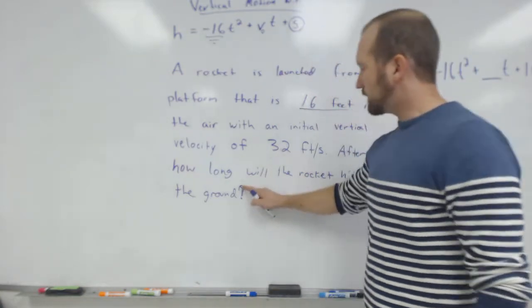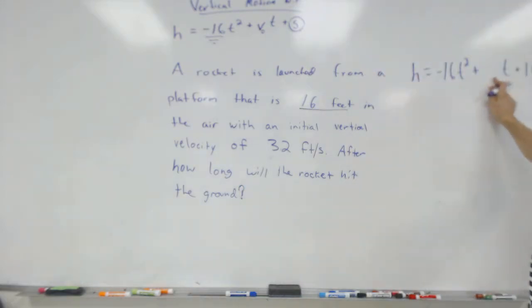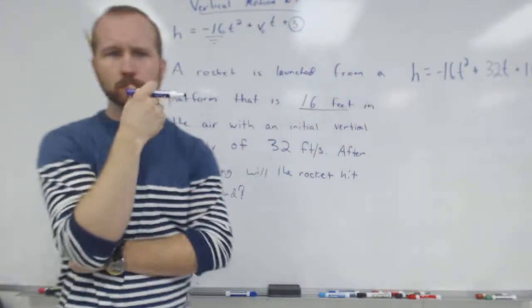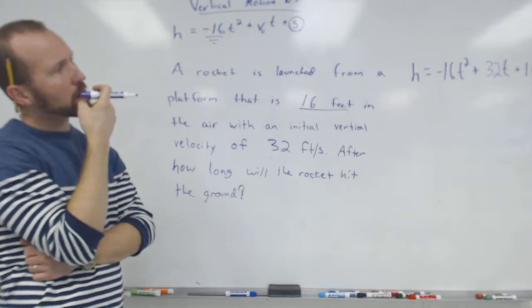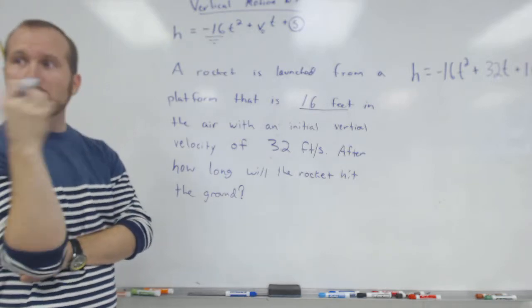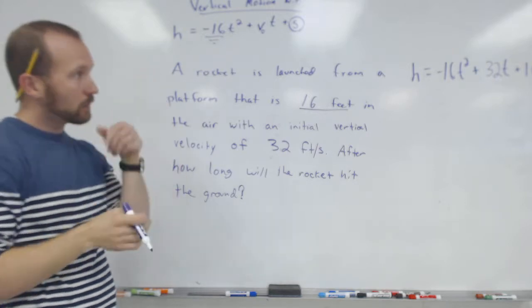And so now actually we can plug in that this is 32 because that's our initial vertical velocity and something else. What else can we plug in? What's the height that we're looking for? 0.